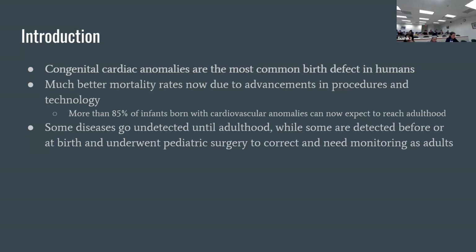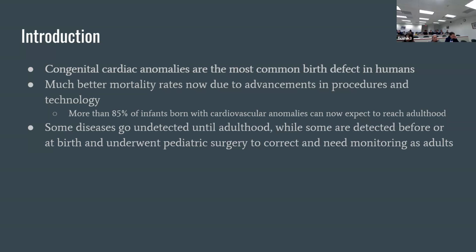Some of these diseases can go undetected until adulthood, and some are detected before birth when you're getting the ultrasound on the mom. You can see some of these abnormalities, and some of them are present at birth or a couple months afterwards. That is how the boards like to give you clues with congenital abnormalities, is when they are presenting.